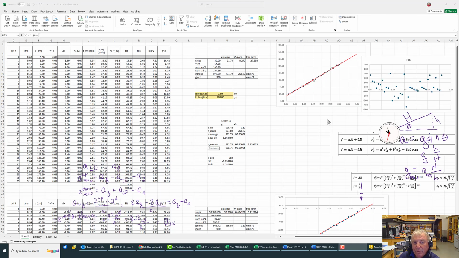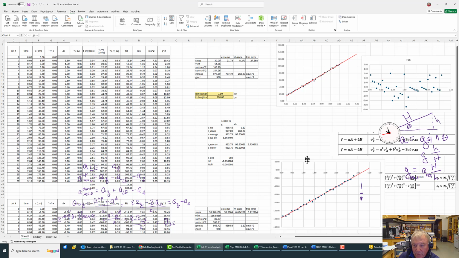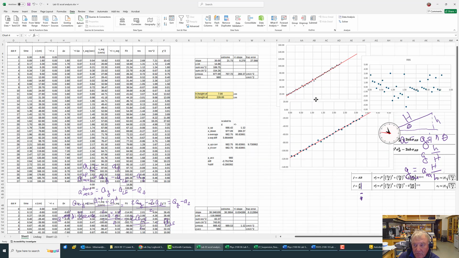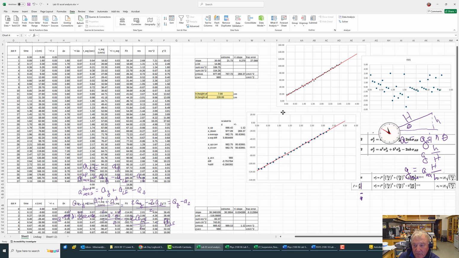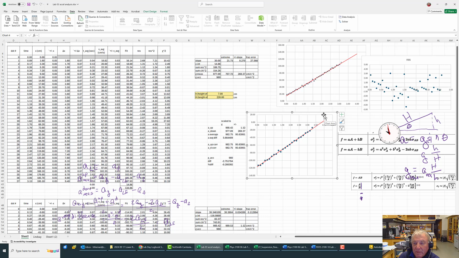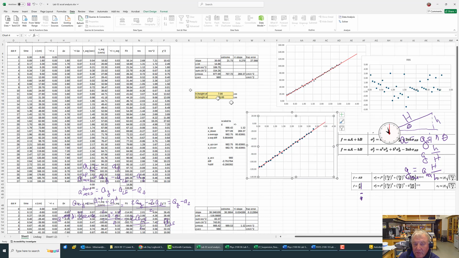Okay, so now we're back. So I've gone through the 2 sets of data for up and down. I see that I haven't added error bars to this one, but you can see for the down here, the error bars are quite small.